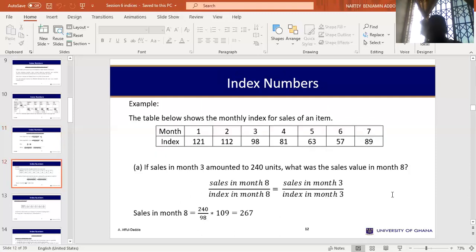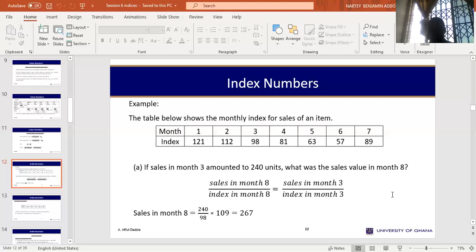So this will be sales in month 8 over the index in month 8 is equal to sales in month 3 over the index in month 3. The sales in month 3 is 240, and the index in month 3 is 98. So that will be 240 over 98. This will be equal to the sales in month 8 over the index in month 8.